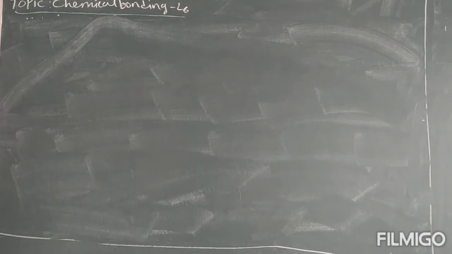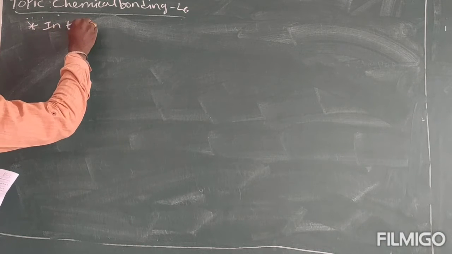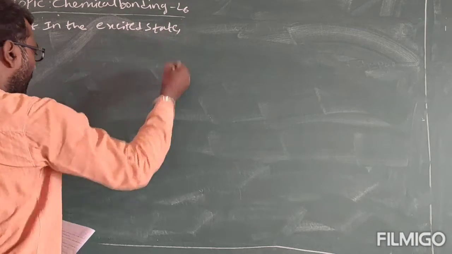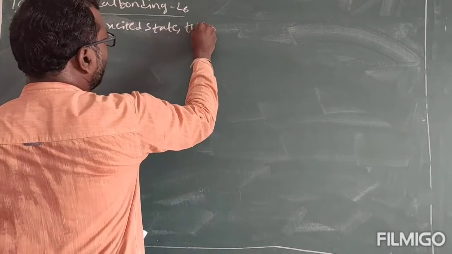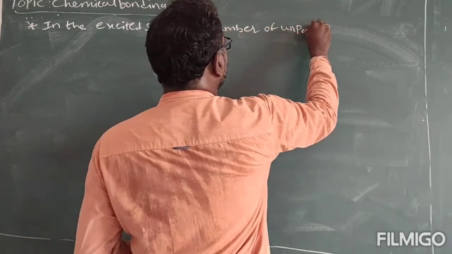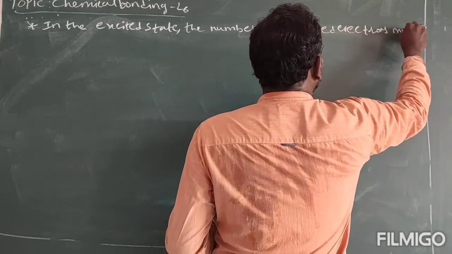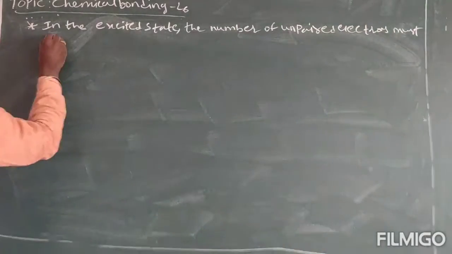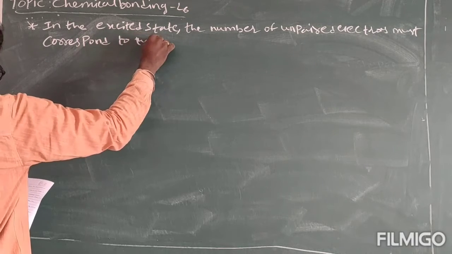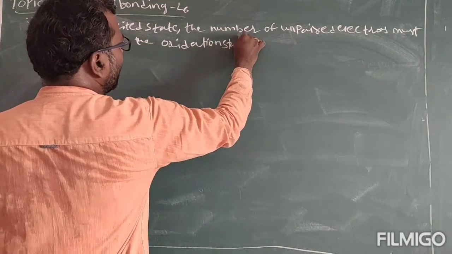And the next point is that in the excited state, the number of unpaired electrons must correspond to the oxidation state of the central atom in the molecule. What is oxidation state?